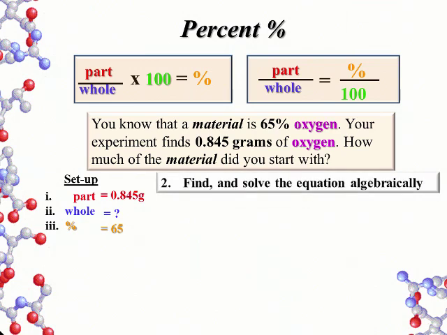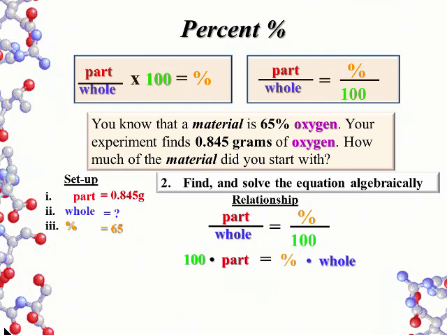Next, we need to find the appropriate equation and then solve the equation algebraically for whole. Either one of our percent equations will work since they relate the three variables. This one worked pretty well last time. Cross-multiplying is a good start.